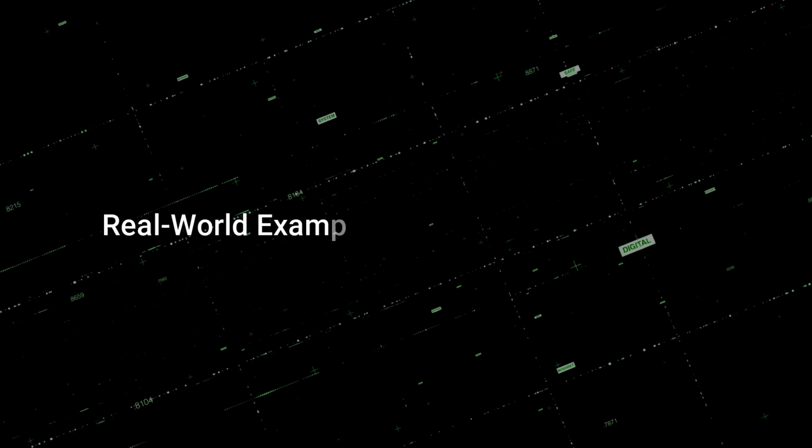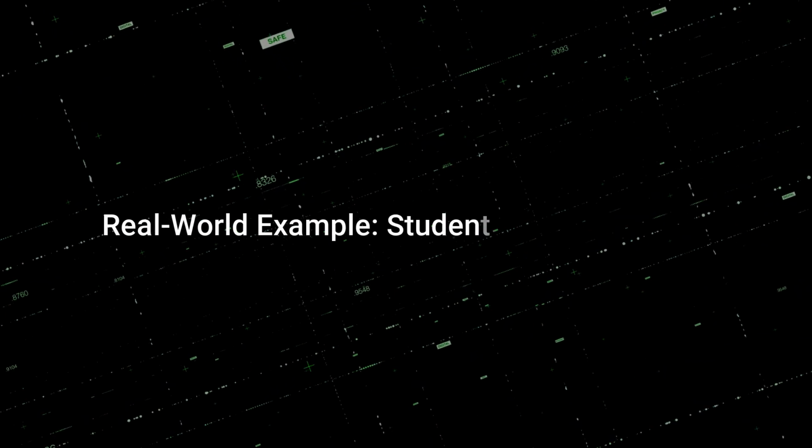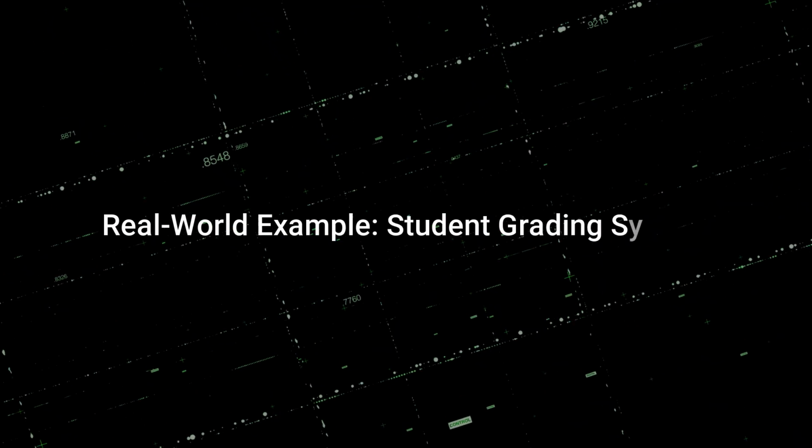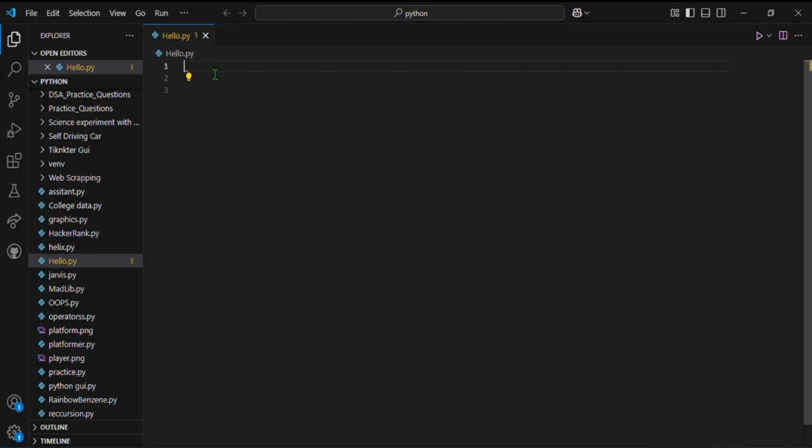So let's write a real world example, which is a student grading system. Let's use operators and expressions to calculate a student's final grade. So I have a variable here, assignment score, which is 80. The other one is exam score which is 90 and the attendance variable has the value 95.